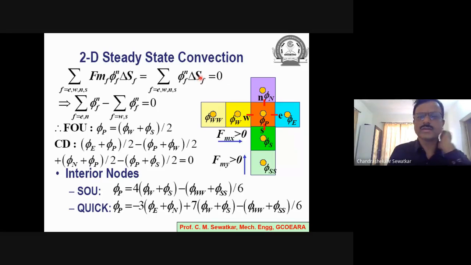So now I can write it for east and north faces, and west and south faces. Why am I separating this like this? Because for east and north it is positive, and for west and south it is negative.